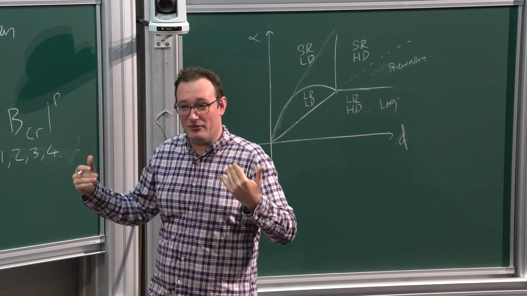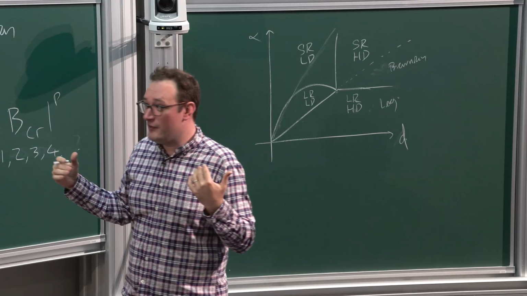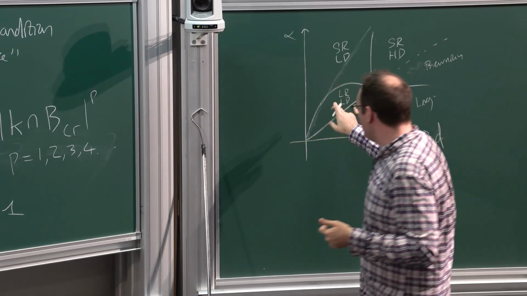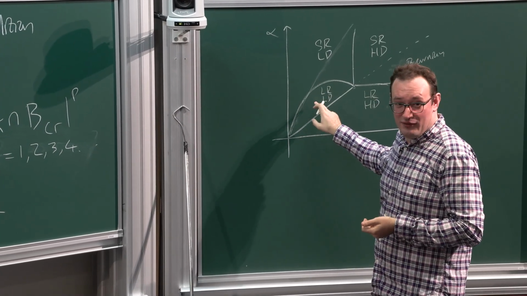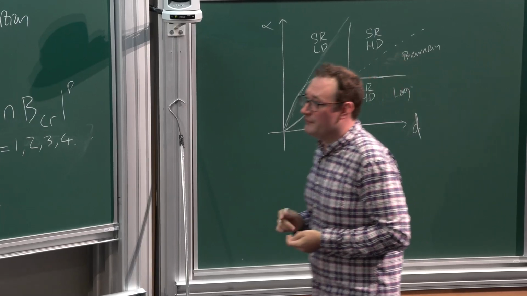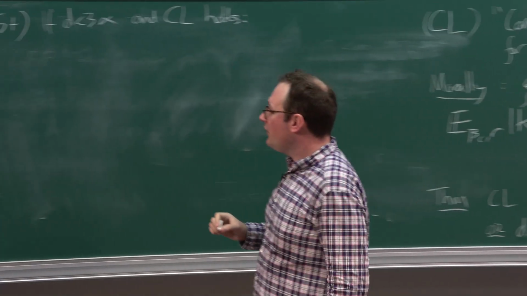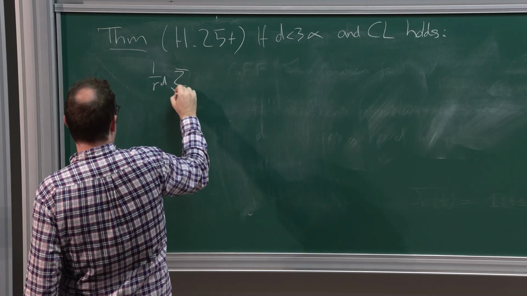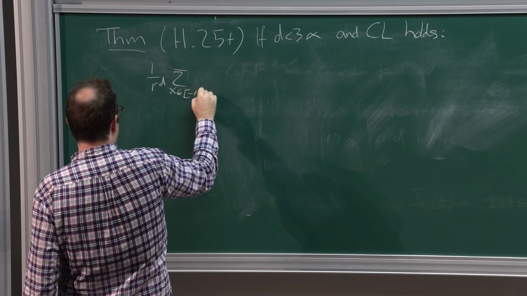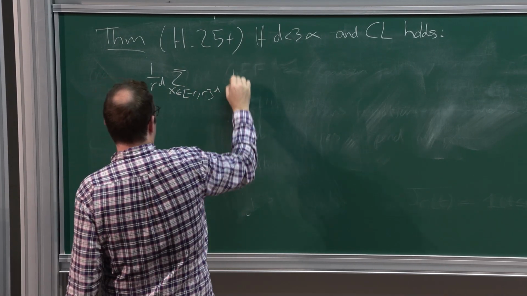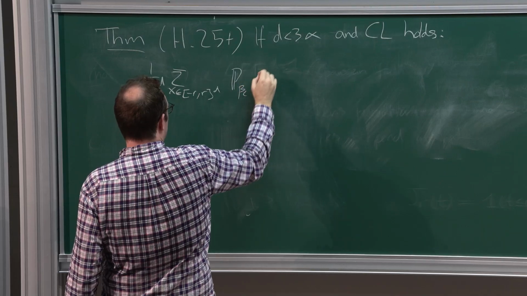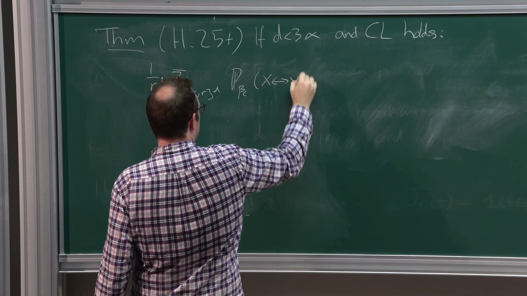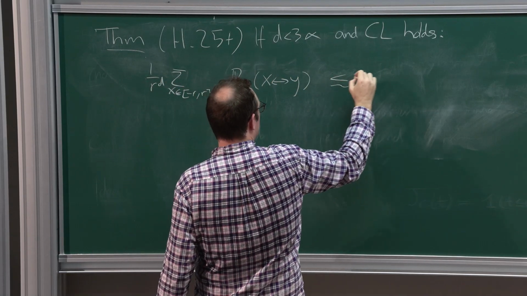And there's certainly no obvious monotonicity in alpha. But if you just assume that you're in the long-range relevant low-dimensional regime, then first of all, you do indeed get that the SAC prediction holds in a spatially averaged sense.